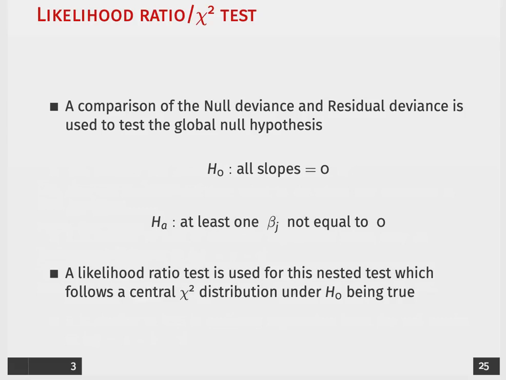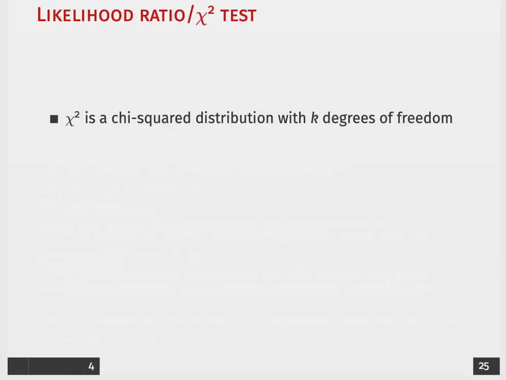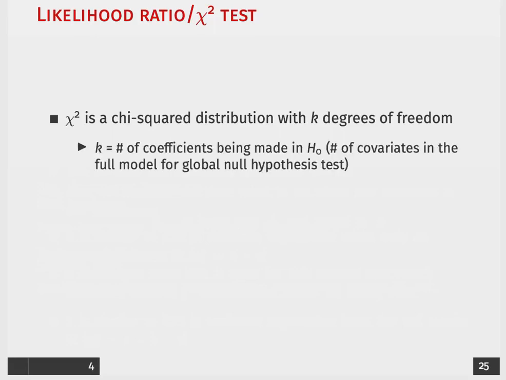And we're going to perform our likelihood ratio test using a chi-squared distribution. Now, remember that a chi-squared distribution has k degrees of freedom, where k is going to be equal to the number of coefficients that are essentially in your null hypothesis, right?